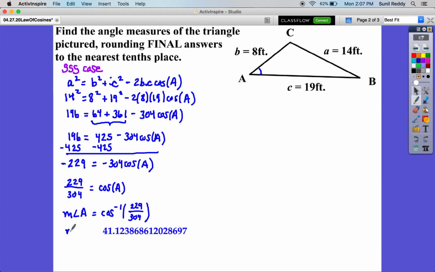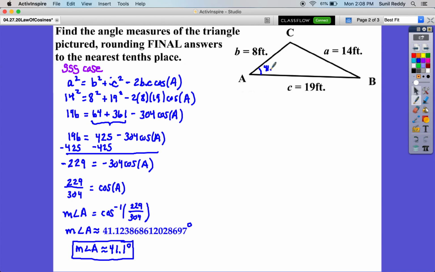So that finds us one of the three angles that we didn't yet know. And I'm rounding to the nearest tenth place because that was in the directions of the problem.